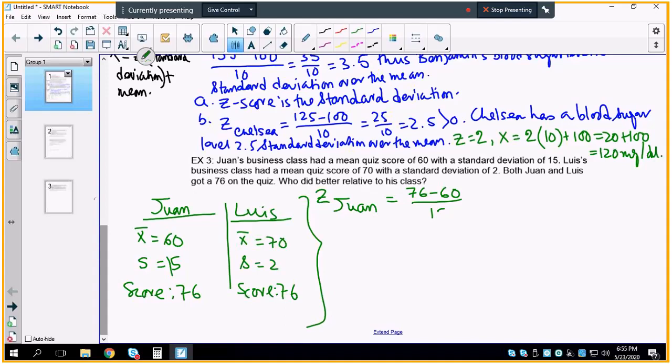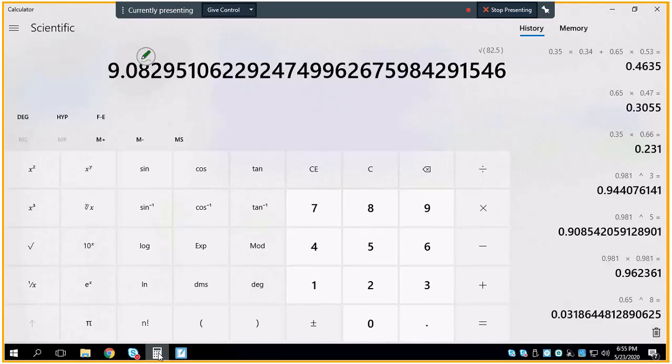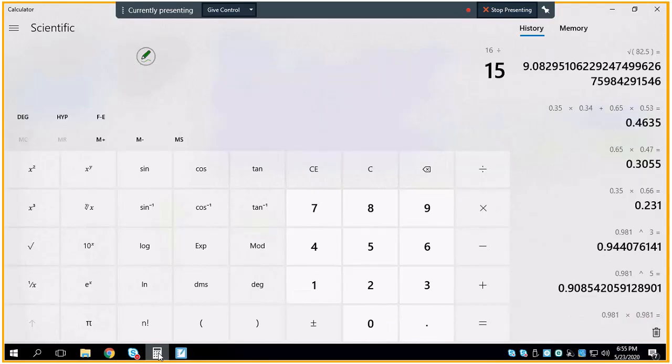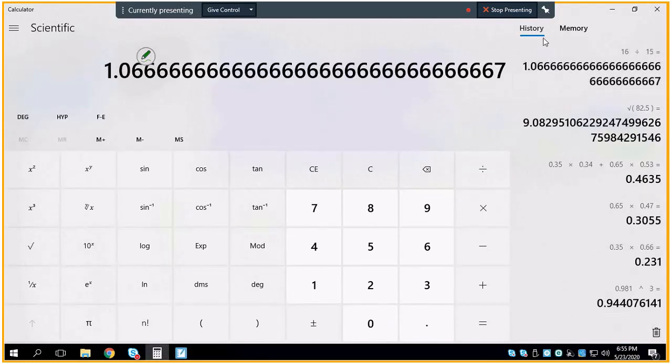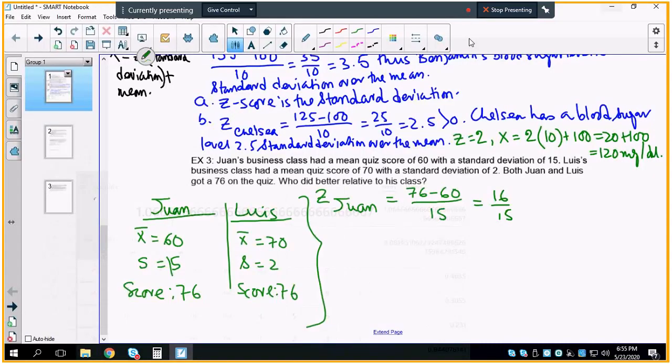So it is going to be 16 over 15, and we can use our calculator to simplify this number. 16 divided by 15 is 1.0667, rounded to 4 decimal places. So the distance of Z1's score from the mean in terms of standard deviation is 1.0667.